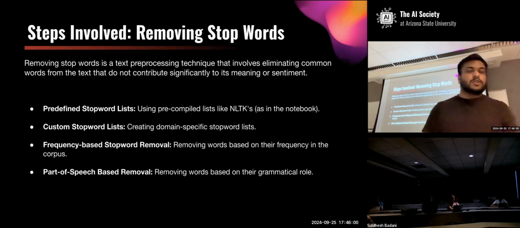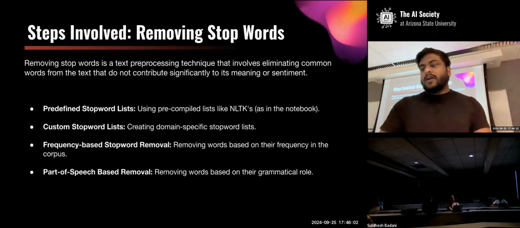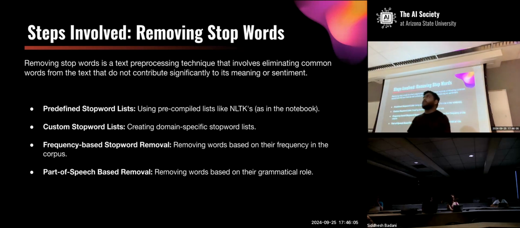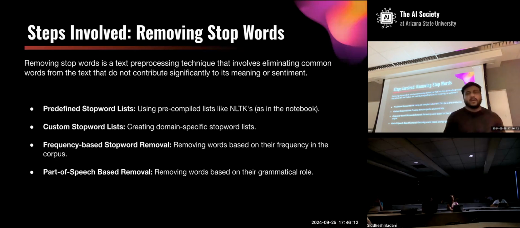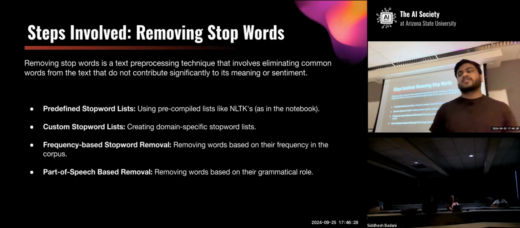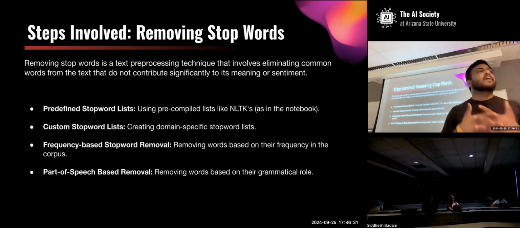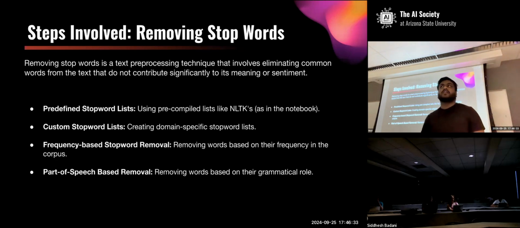So what are stop words basically? If I want to say something, let's say that I like coding and my friend is really bad at coding. So in this sentence, words like my, friend, is, and all these articles, there are such kinds of words which do not add any value to the information.